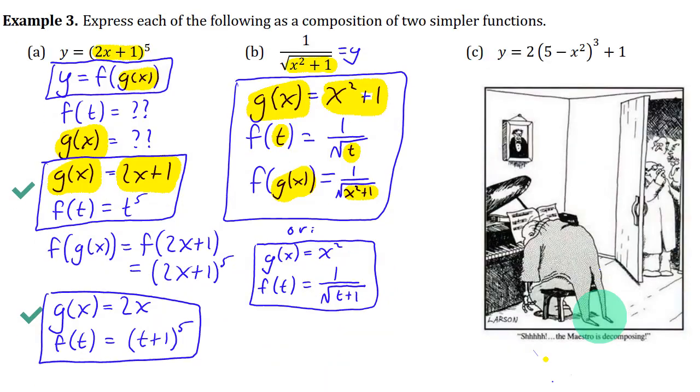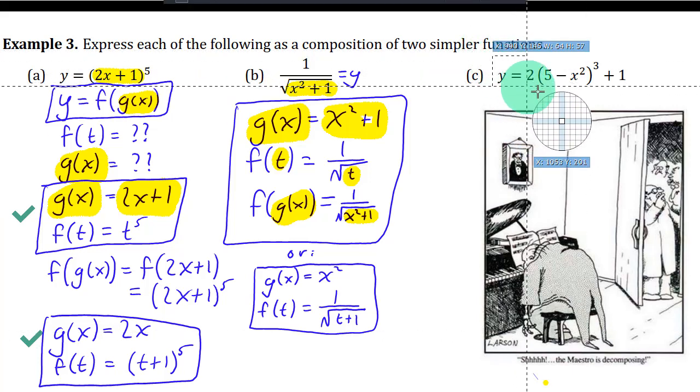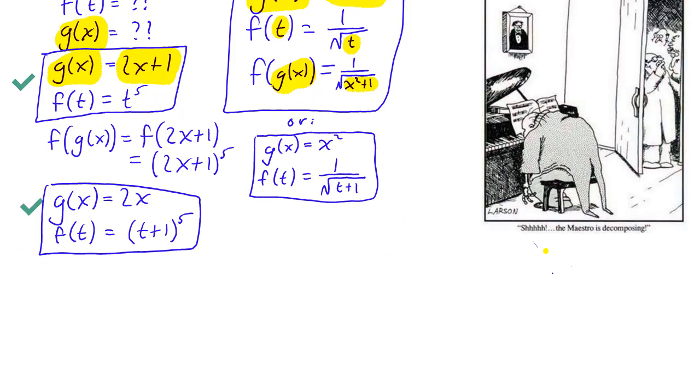All right. So now let's look at c over here. We have y equals 2 times the quantity 5 minus x squared all cubed, and then that plus 1. So the inner function, the thing that x gets done to first, is the 5 minus x squared. I'm going to make that part be the g of x.